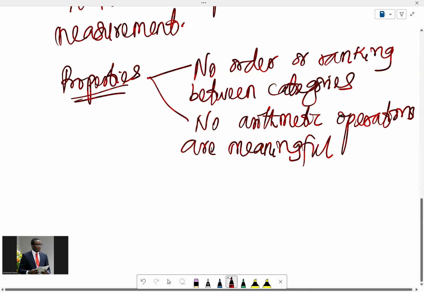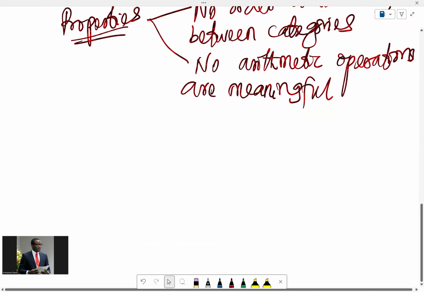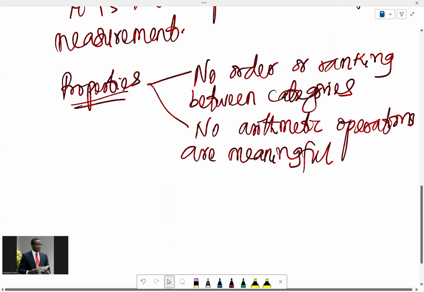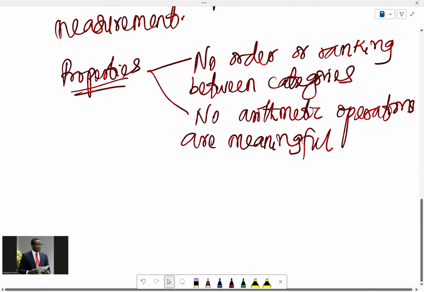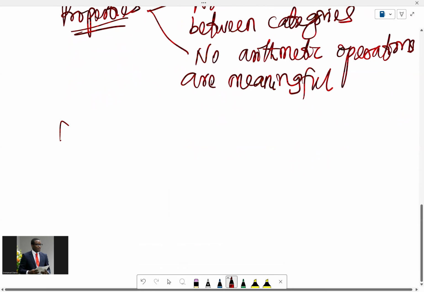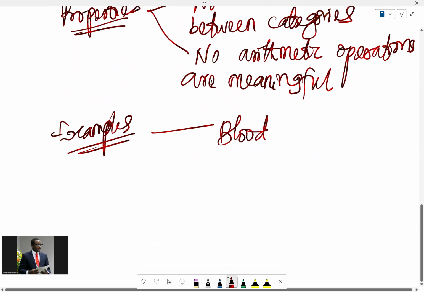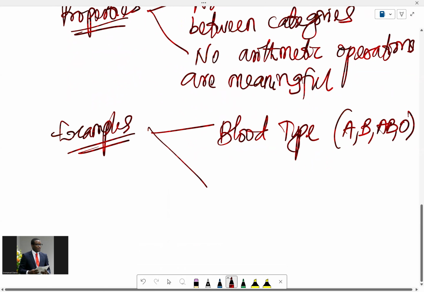Very good examples will be this. Like we saw before, I know it's closely linked with the idea of categorical data we explored previously. So you can talk about blood type, and that would be A, B, AB, O. These are examples of nominal.